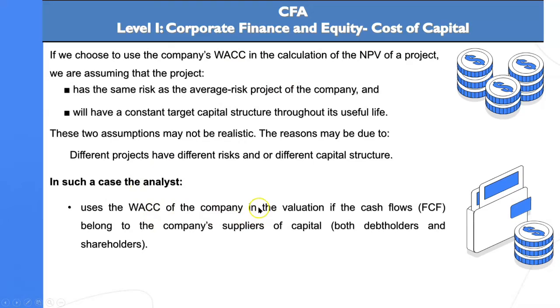We use the weighted average cost of the company in the valuation. Free cash flow, I'll come to this, belongs to the company's suppliers of capital, that is the debt holder and shareholder. That is the weight, which means the capital structure. If the money comes from the company itself without raising any new capital in the form of equity or debt, then you can use the weighted average cost of capital.